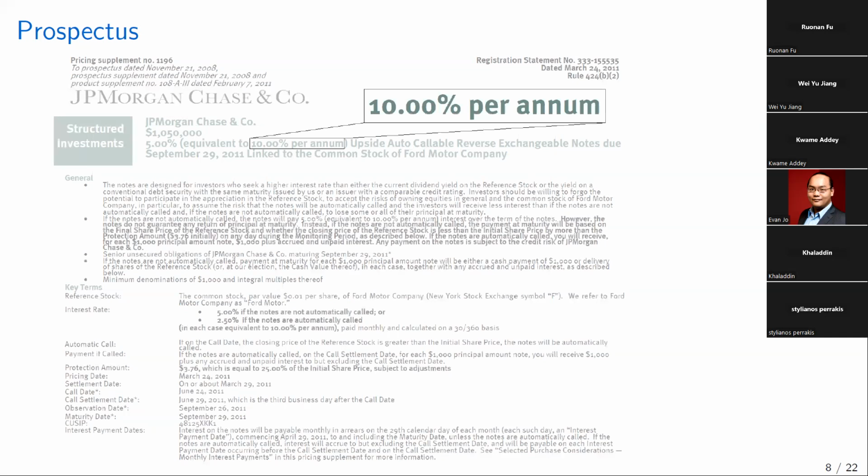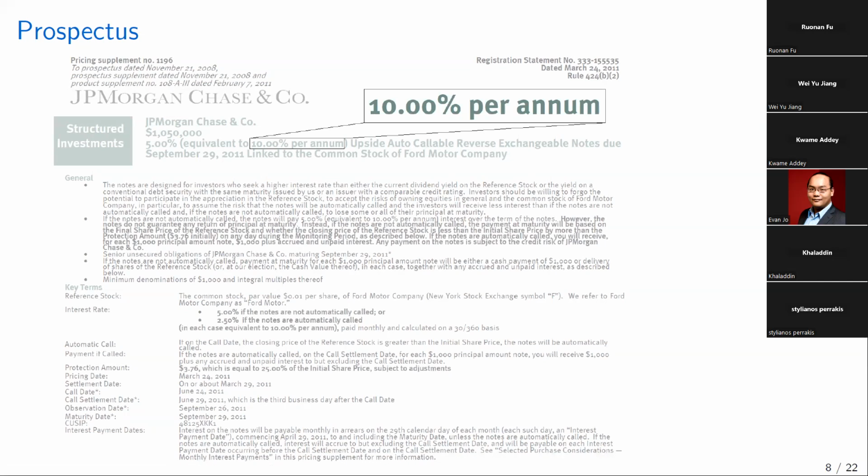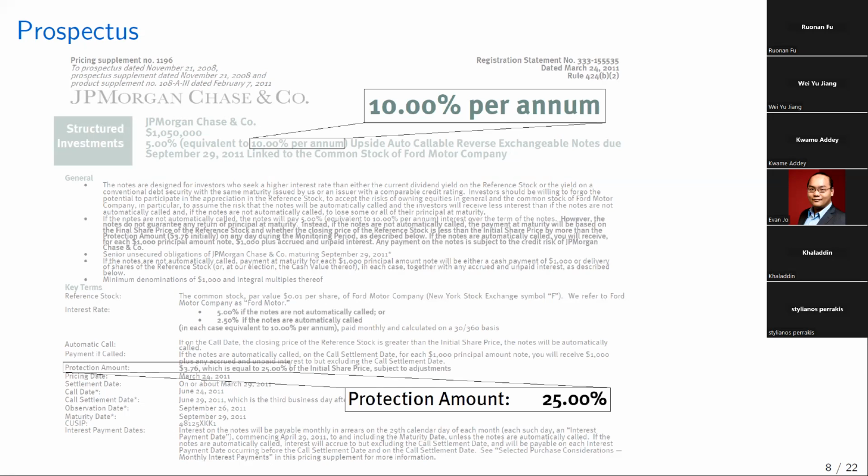So here, in the title of the security, the investors see that the security pays a 10% per annum coupon. This headline return is also repeated again in the prospectus very early on in bold font. And the second headline rate, the protection level, is also mentioned very early in the prospectus. It's again highlighted in bold, and so it's very visible to the investors.